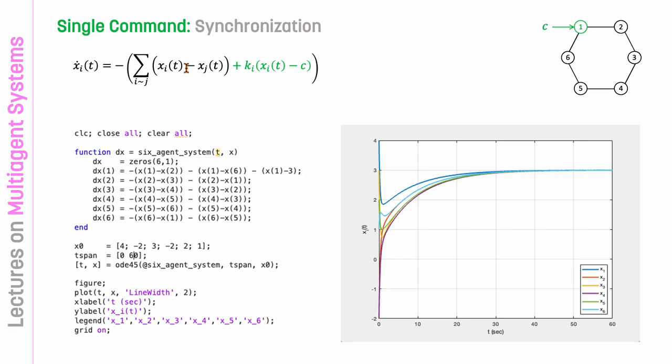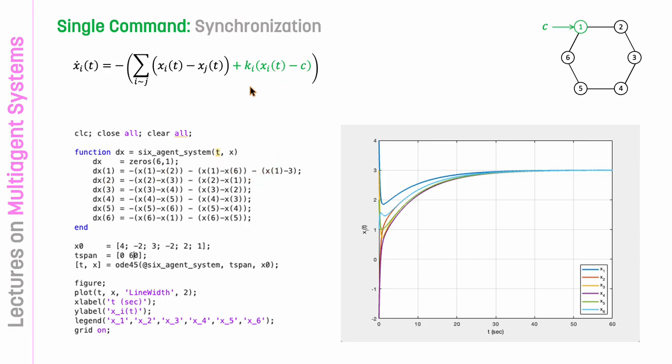Now I will insert one external command. There is only one command, which is C, interacting with this multi-agent system over the undirected and connected graphs. Basically, agent one is the leader agent, Ki is 1 for it, and for the rest, K2, K3, all the way up to K6 are 0.